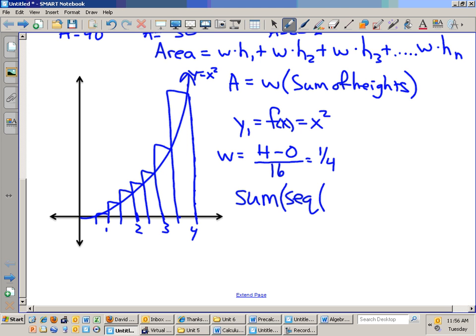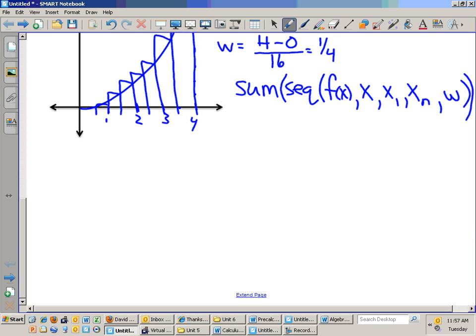We need to define the function, comma, then define the variable, define our start point, define our endpoint, and define our width. I'll show you. Don't worry.